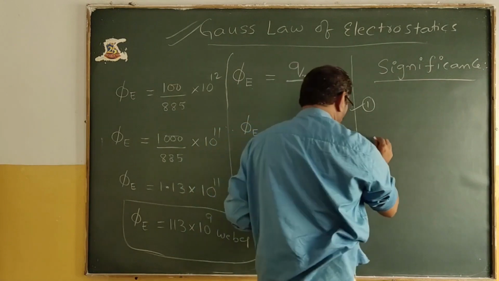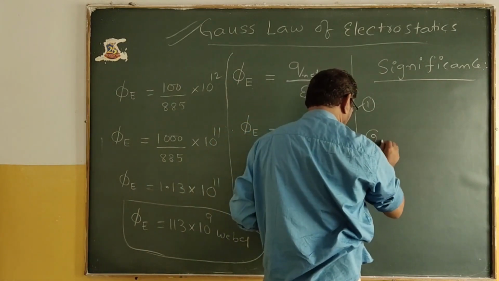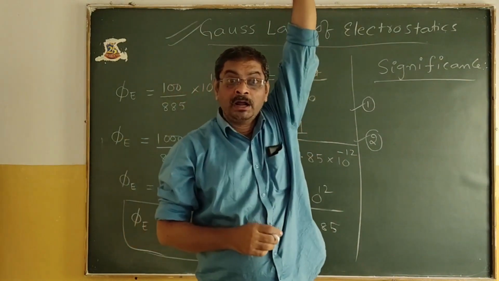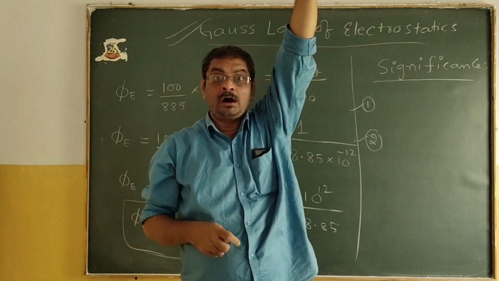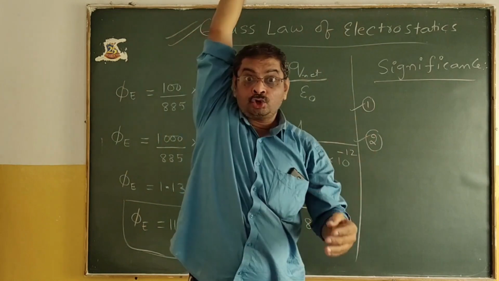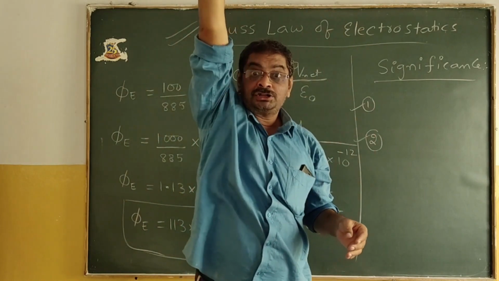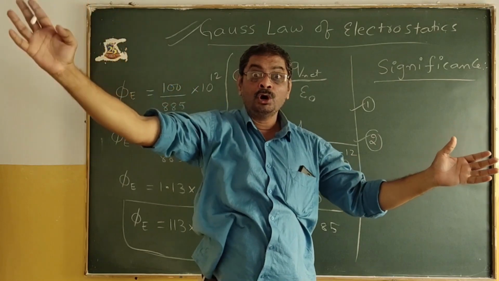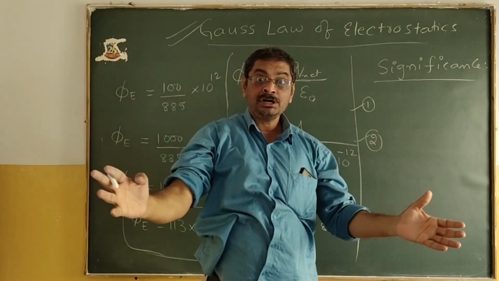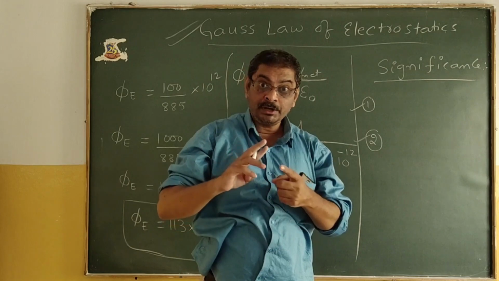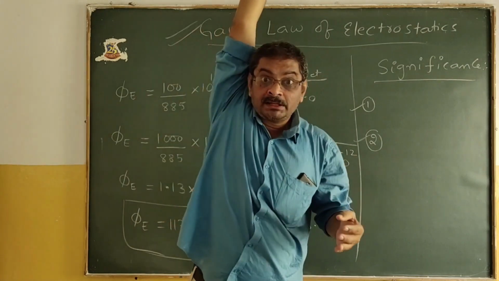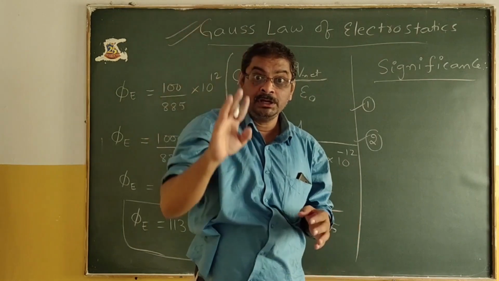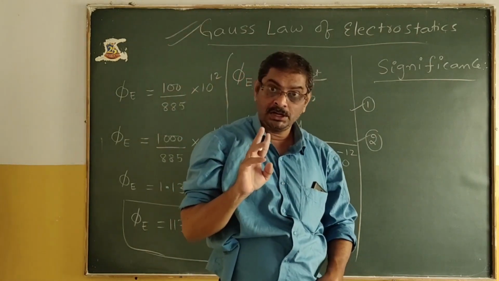Now what is the second important point? Whenever the net charge enclosed by the Gaussian surface is negative, then the electric flux will always be radially inward.